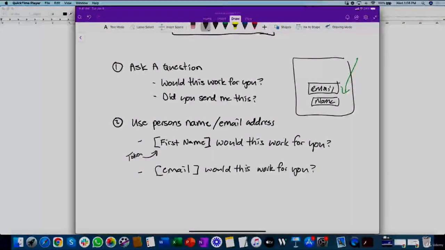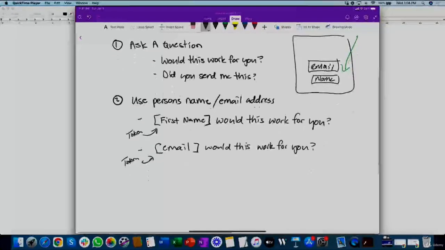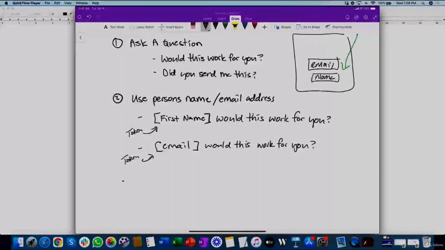What these tokens are doing is replacing this with their email address. So everybody that gets this email would have their email address, would this work for you? Or their name, would this work for you? These are things that we use every single day when we send emails, and it does phenomenal for us. So I highly suggest that you use this technique.